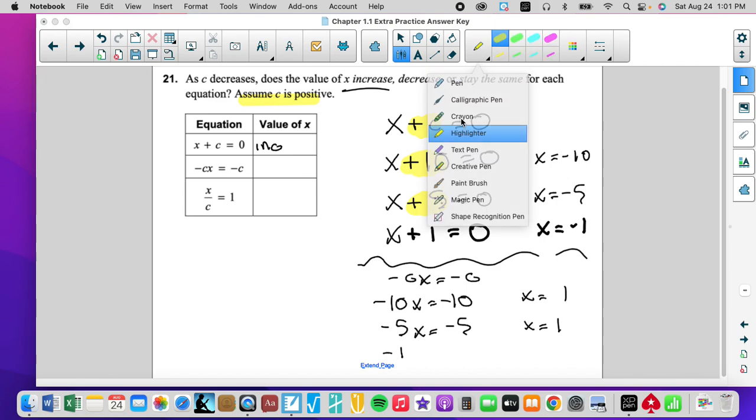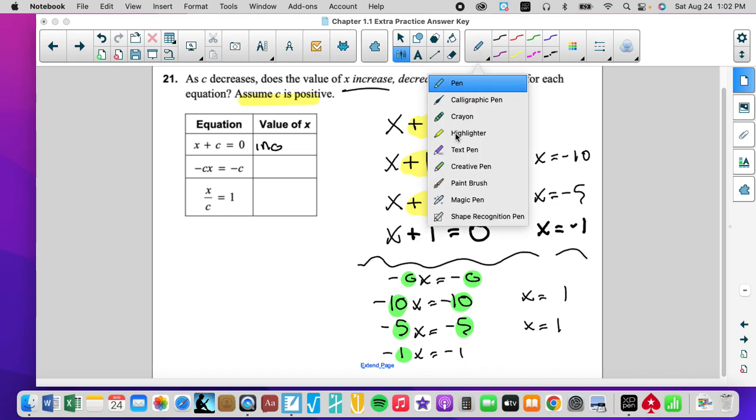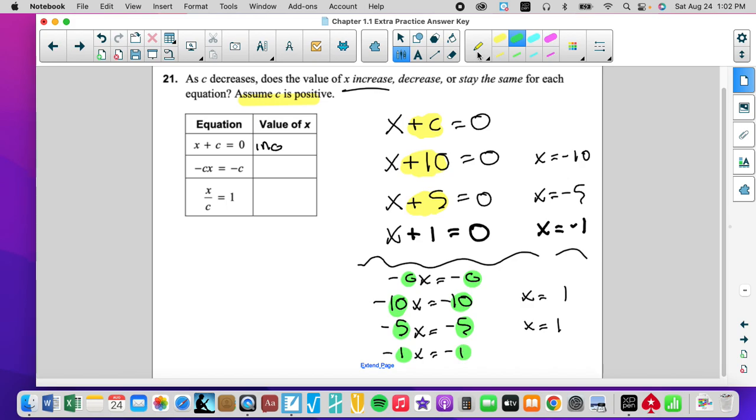So remember, we're substituting in for the C value, just the C, not the negative. So I'm just plugging in a 10, a 5, and a 1. Plugging in for that value just for C, and again, X equals 1.